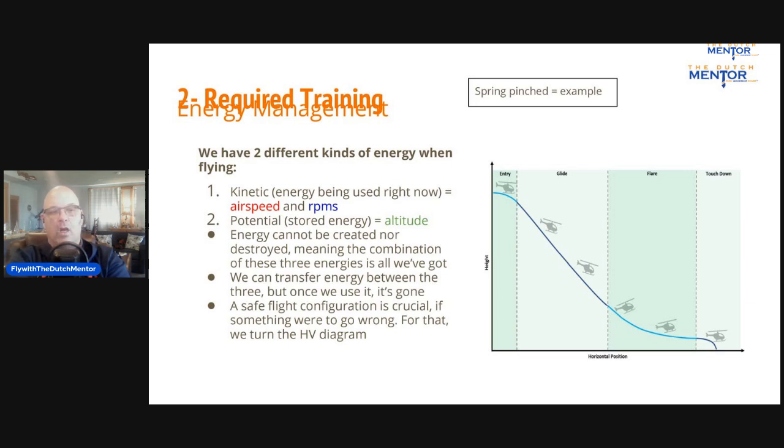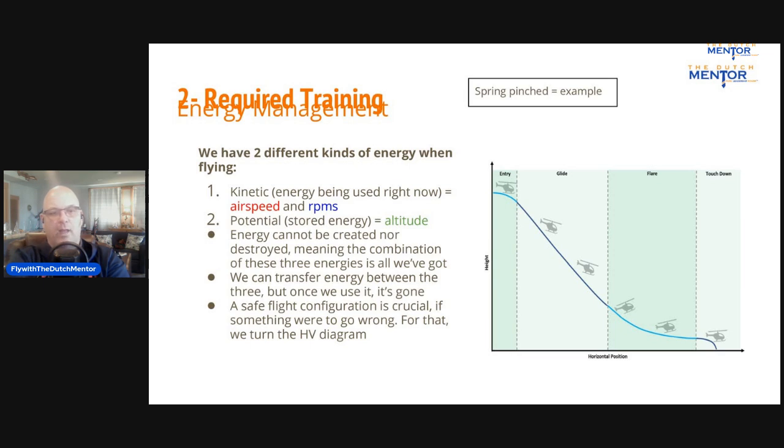Anytime we're in flight, our airspeed, in other words, we have talked about the very basic aerodynamics as we are picking up forward speed, and the vortexes are going through translational lift and are being pushed back, and we're getting into undisturbed air, making it more effective to create lift and forward speed while maintaining RPMs in our rotor blade. That is stored. That is available to us, and we have to learn how to interact and maintain that for safe flight. The potential stored energy is our altitude.